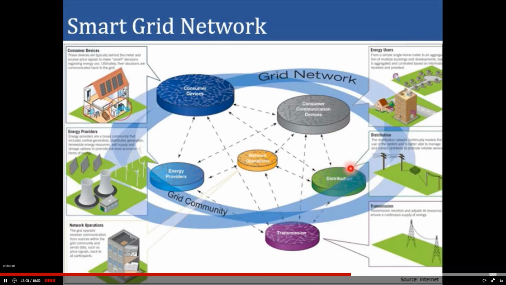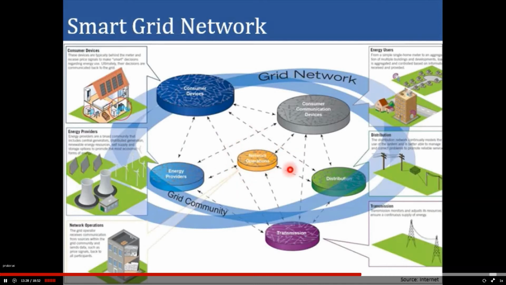Then we also need to have conventional distribution and transmission system so that power flows from generating stations to the transmission and the distribution system and then finally to the loads. Now, to have better monitoring and control, we need the network operations.